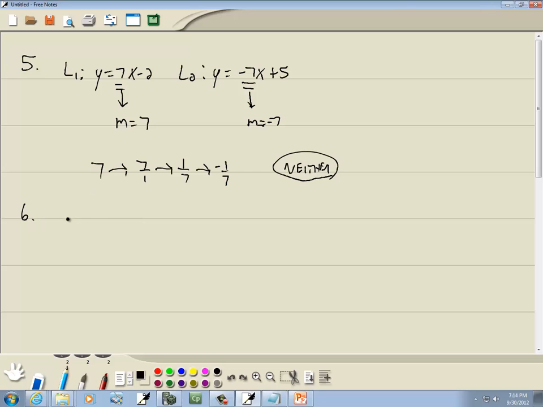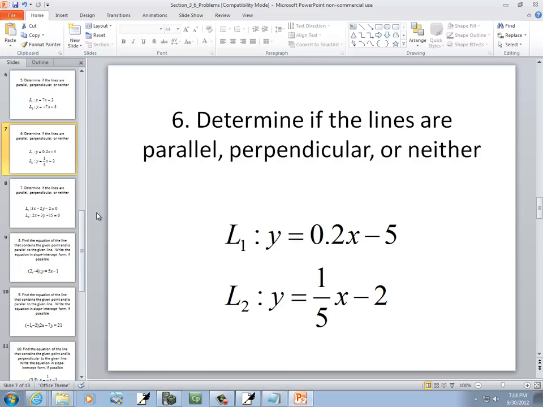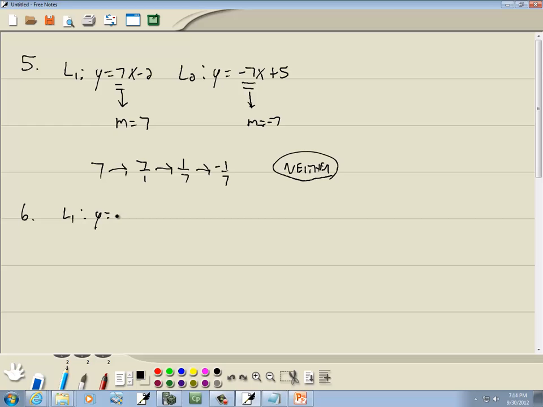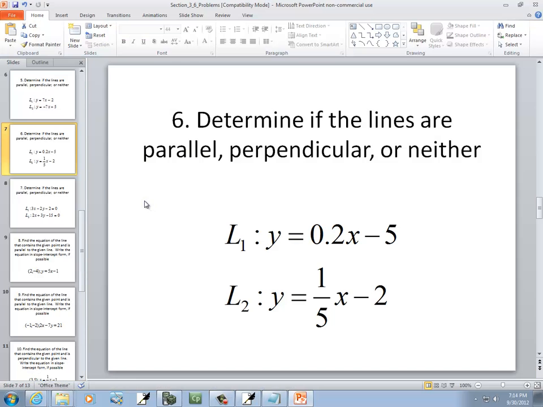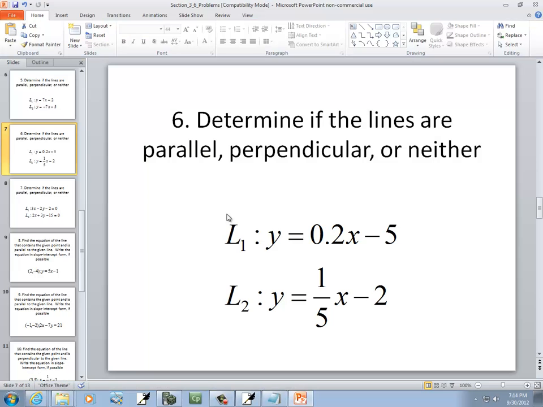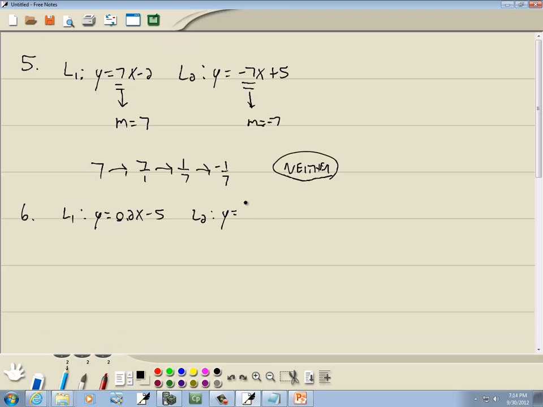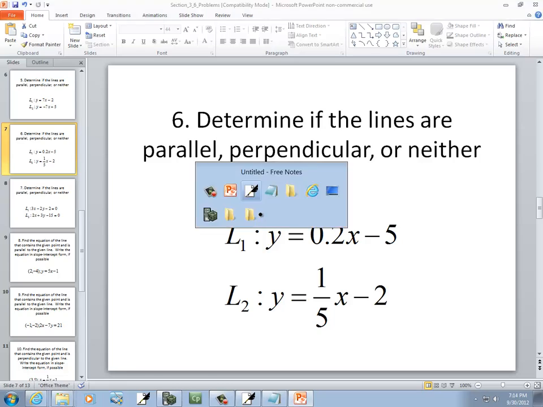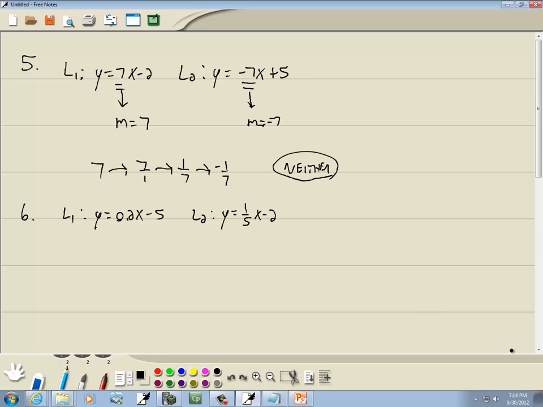Let's take a look at another one of those. L1 is y equals 0.2x minus 5, and L2 is y equals 1/5 x minus 2.